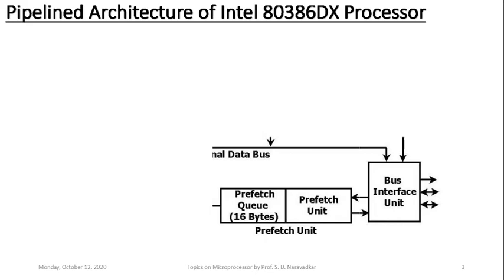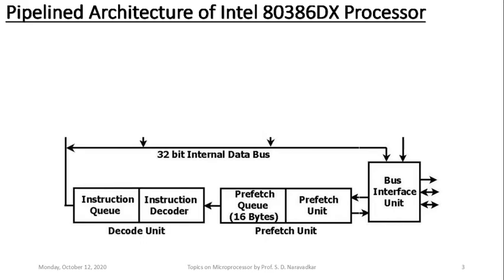Now to the left of that prefetch unit will be the decode unit. This decode unit internally contains the instruction decoder and instruction queue. So these three stages of that pipeline architecture will appear on the bottom side and then on the top side.